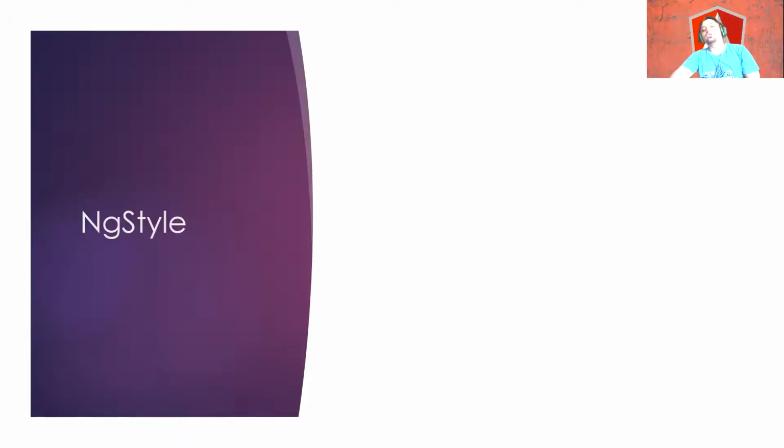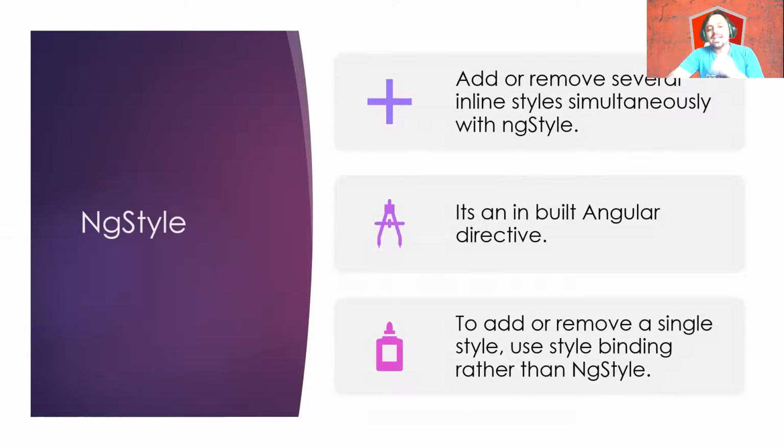Similarly, if we go for NgStyle, NgStyle is mostly used for inline CSS. When you have multiple inline CSS styles and you want to apply them to a DOM element, whether static or conditional, you should go ahead with NgStyle. Similarly, there is style binding.